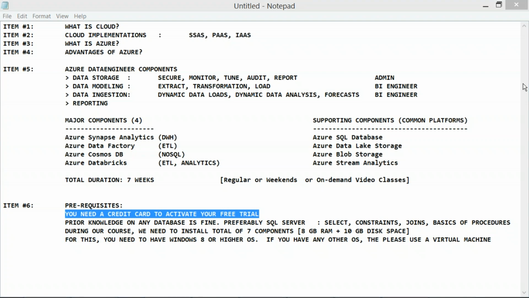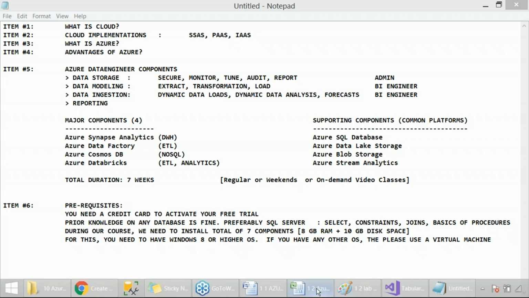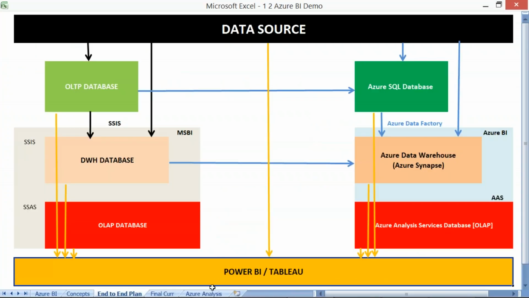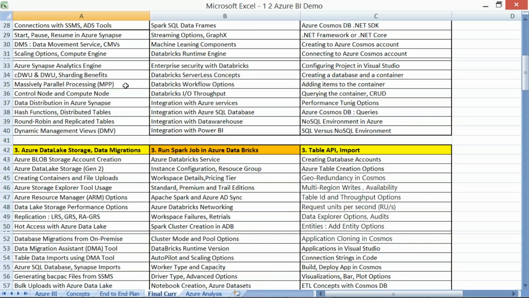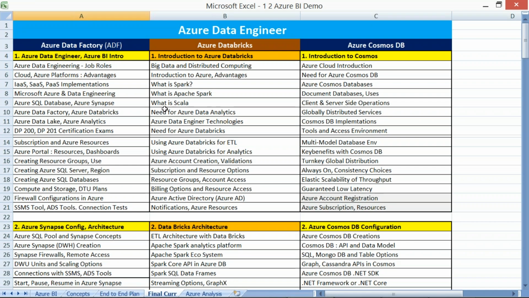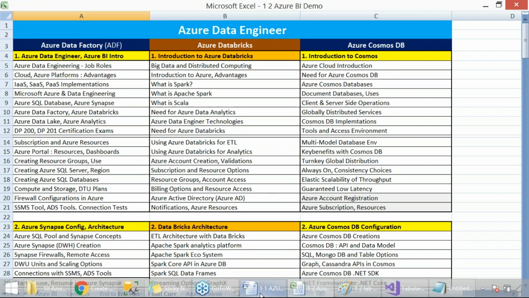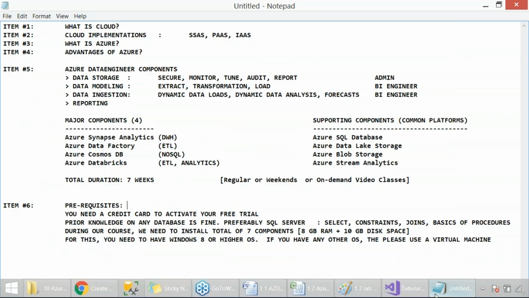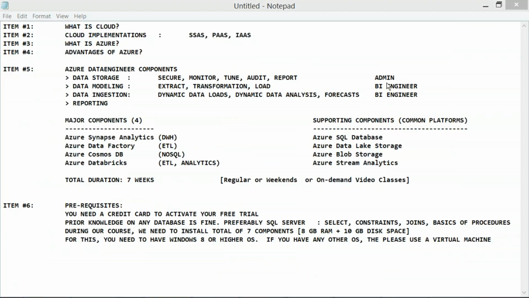The free trial should be fine to practice all our classes. Whatever chapters I was showing you earlier, the complete curriculum we can easily practice with a free trial. Same plan for regular, weekend, or video mode of training: same example, same notes.